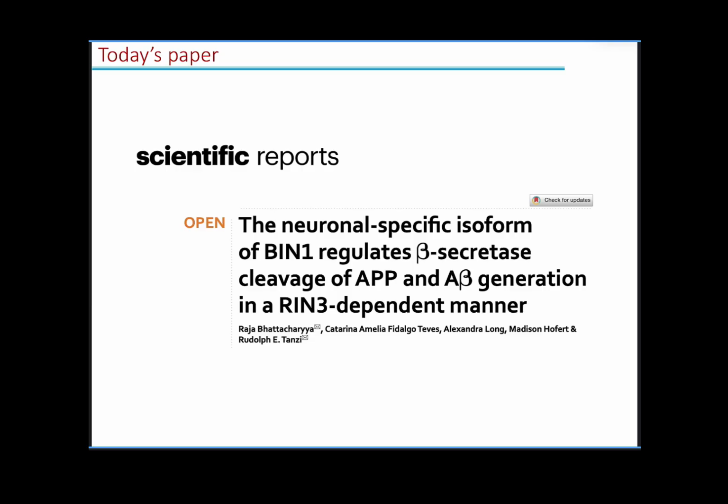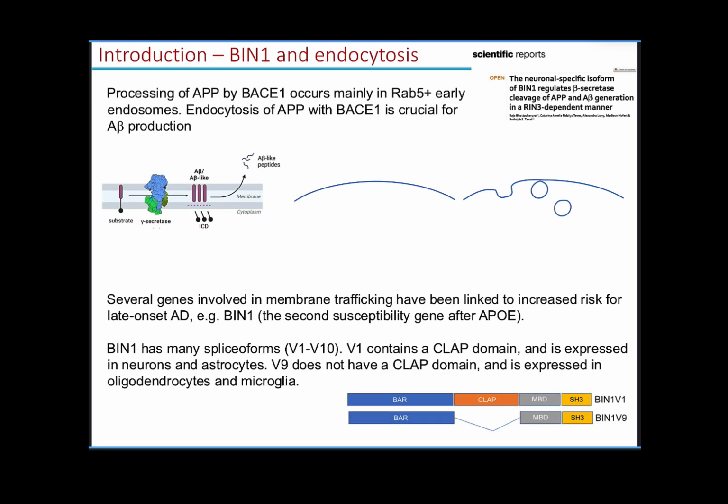And this paper meets that bar because, as the authors explain in the introduction, BIN1 is a gene that has generated a lot of interest in the context of Alzheimer's disease research because it is the second gene with the highest correlation to susceptibility to developing Alzheimer's after ApoE.